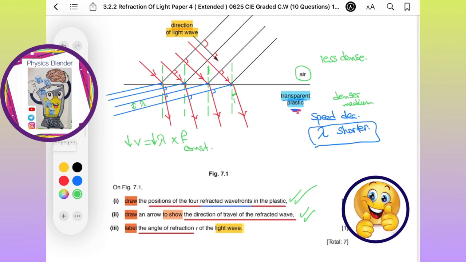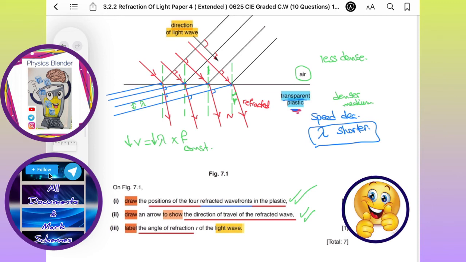This is the angle of refraction, which is between the normal and the refracted ray, or refracted light wave. Is it clear, guys? So far so good. So we are done with this one also.